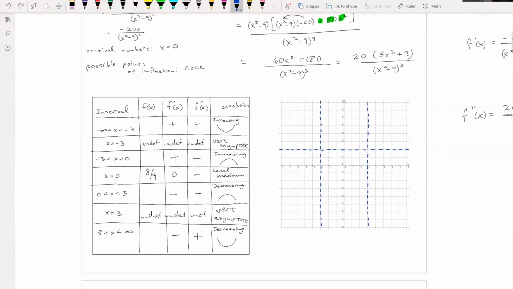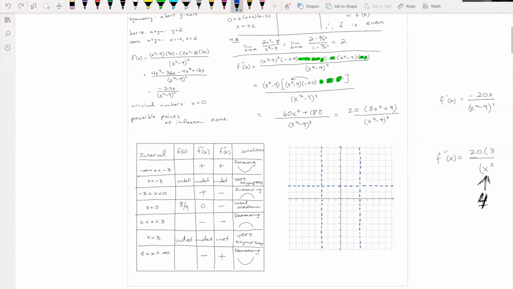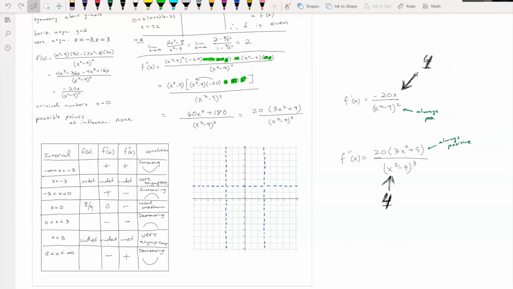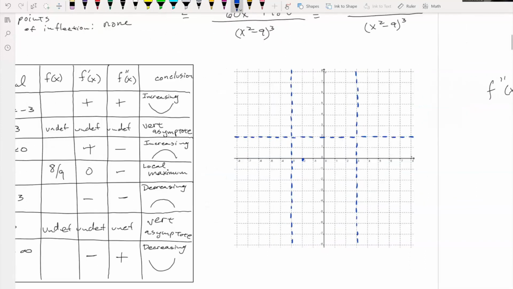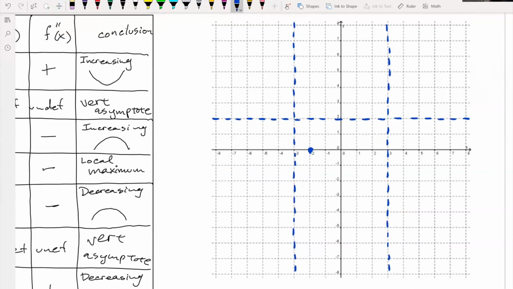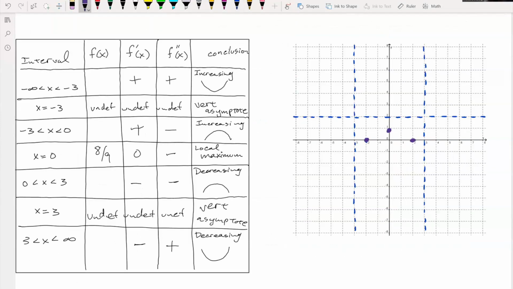We had two x-intercepts, one at -2 and one at +2, and a y-intercept at 8/9. So I've got an x-intercept here, an x-intercept here, and a y-intercept right there.